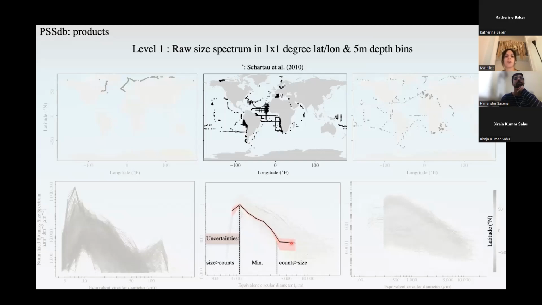Here the black line represents just a given sample. You actually see a mode here, then a decrease, and then it kind of reaches the same value. And this is representative of the limitation of the instrument, where on the smaller end of the size spectrum, we have only a few pixels to depict the organisms.